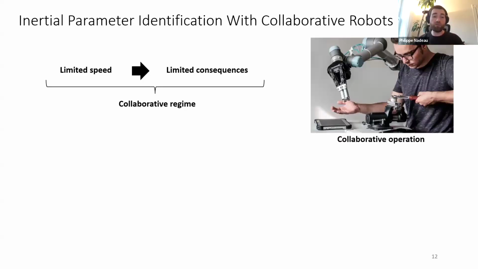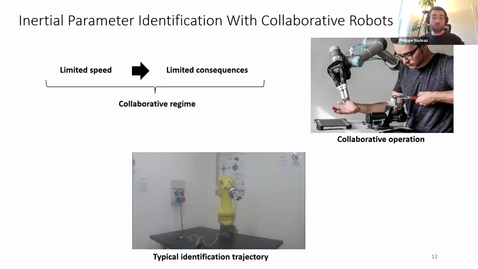And this is referred to as collaborative operations. However, this strategy hinders the identification of inertial parameters of manipulated objects because it forces robots to use signals with low signal-to-noise ratios. And typically, these parameters are determined through an identification trajectory that is clearly unsuitable for collaborative operations.